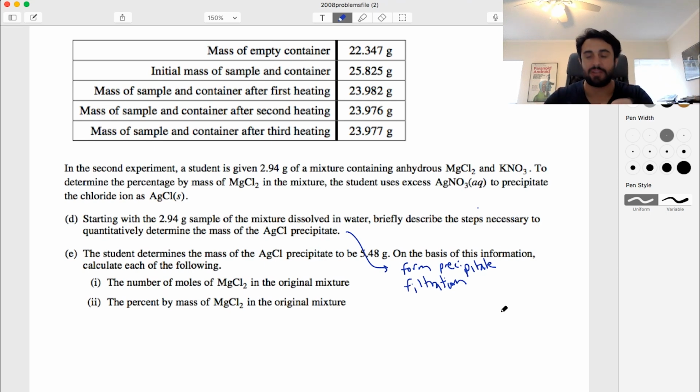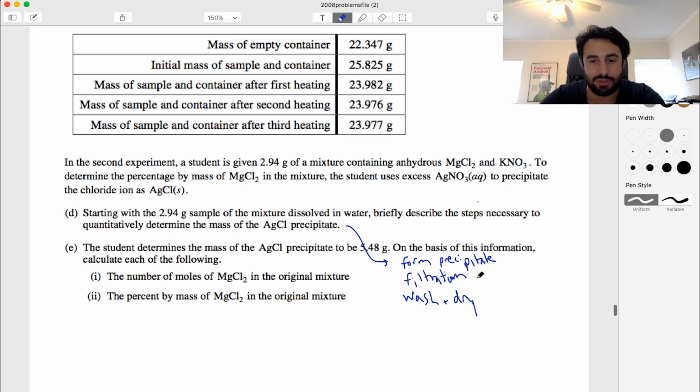A Buchner funnel or something like that, and we're going to let the solution pass through and collect the precipitate. So that's a very, very easy separation technique. We're going to do a filtration, right? Then we've got our crystals, and we're going to want to wash and dry the crystals, right?